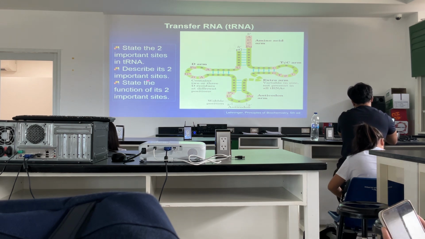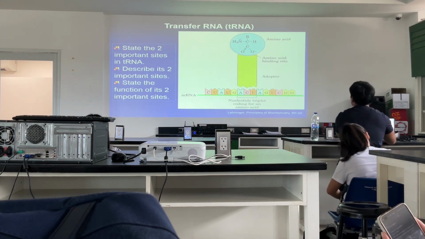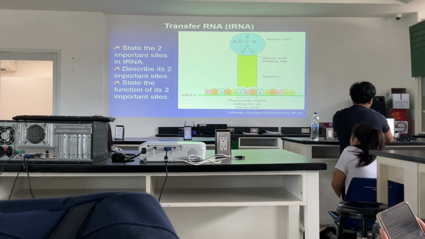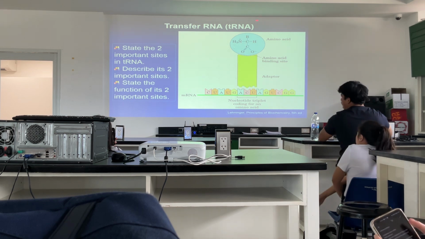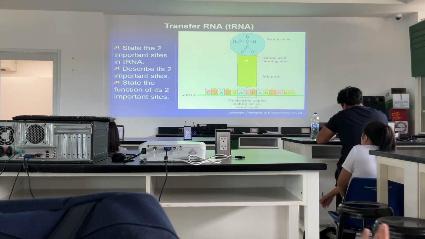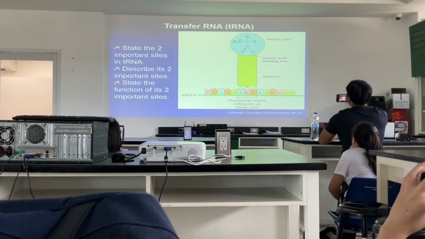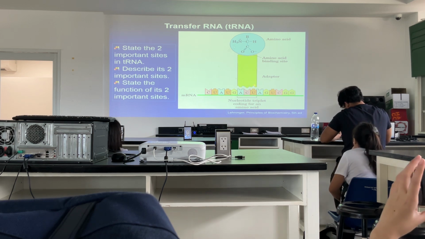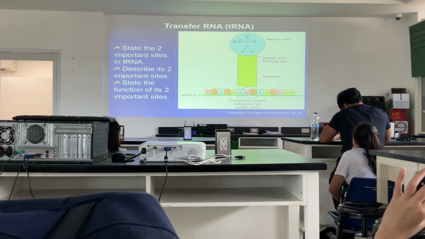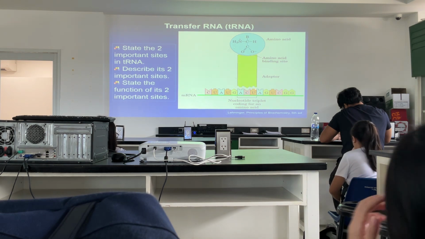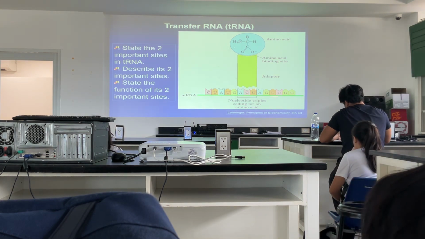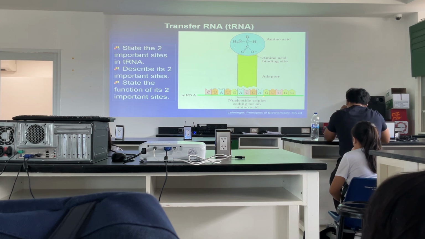So we have discussed already the function of the two important sites. This is just showing you the amino acid carried by tRNA on its amino acid arm, while this is the anticodon in the tRNA molecule that is complementary to the codon in the mRNA found attached in the ribosome.